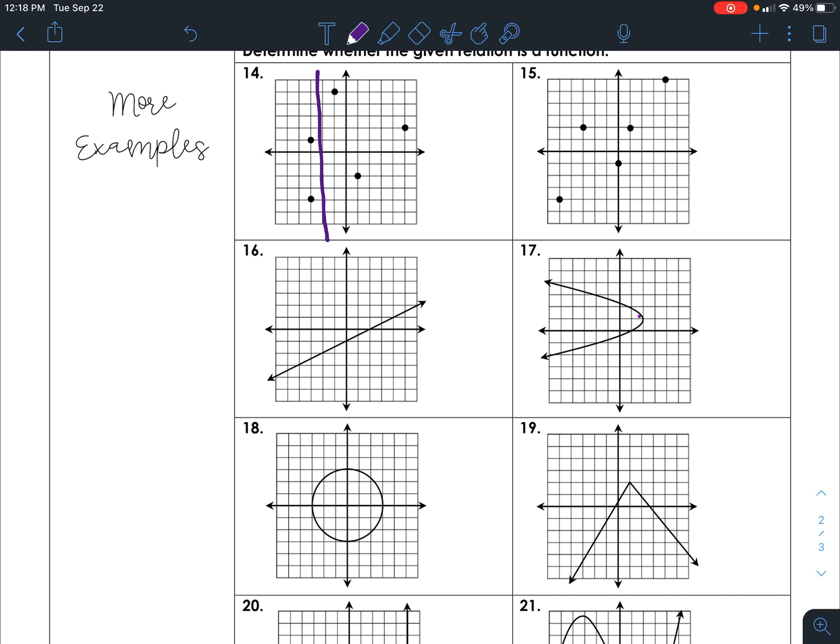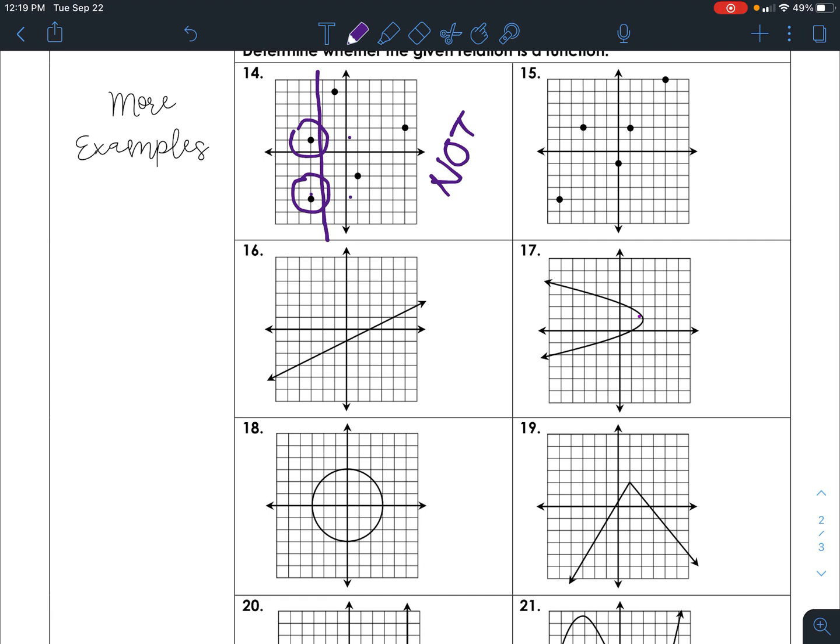But this is not a continuous graph though, right? This is a discrete graph. And if we look, this line here, so the value of -3 here, right? It lands on two different spots on the line, doesn't it? So the x value of -3 lands on both 1 and on -4. So this one is not a function, okay?